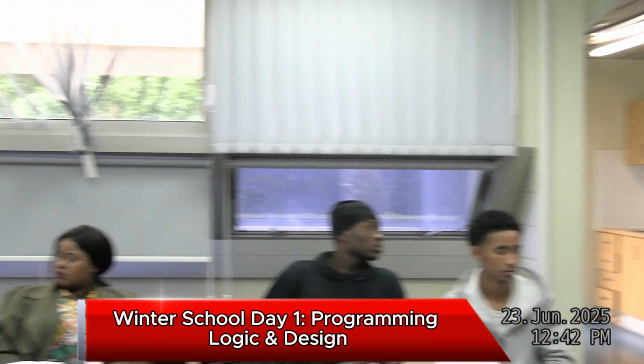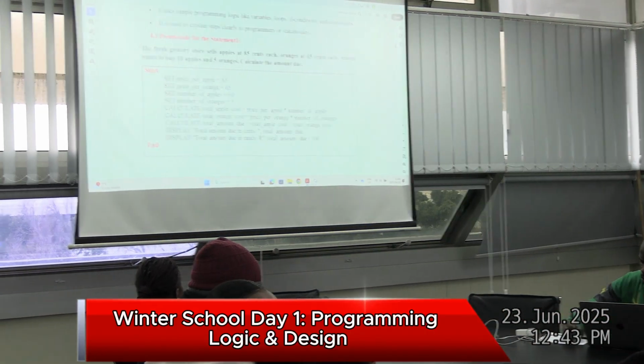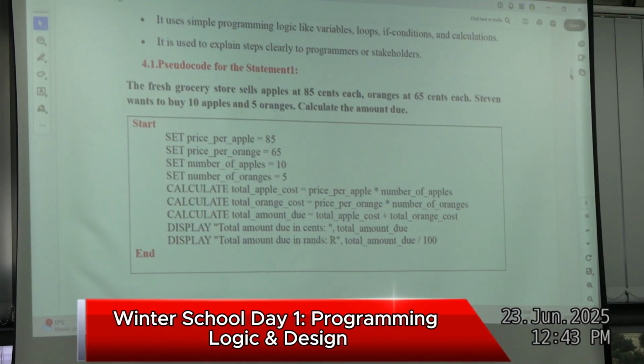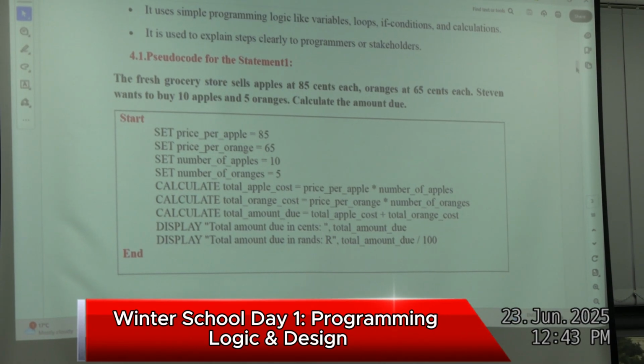Just to refresh your mind, with a pseudocode, the first thing is you come up with a title. And the title, at the end, must have a colon. Secondly, a pseudocode starts with the keyword start and ends with the keyword end or stop. That's correct?